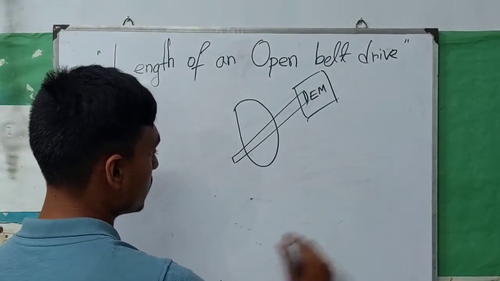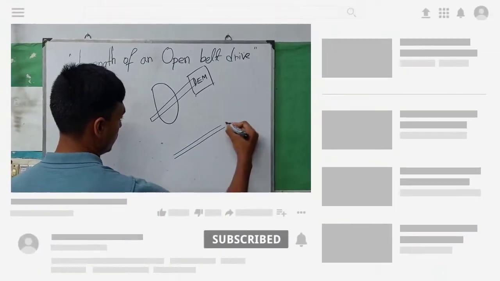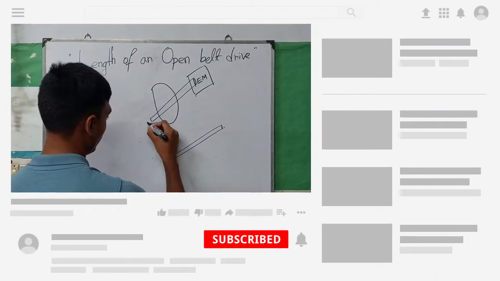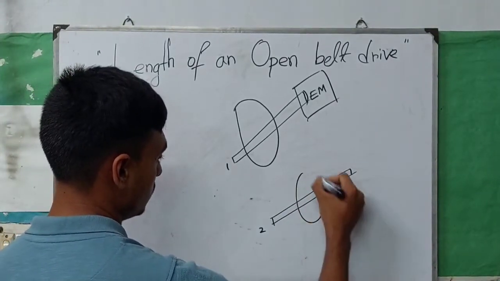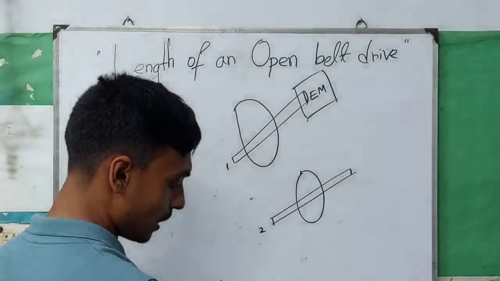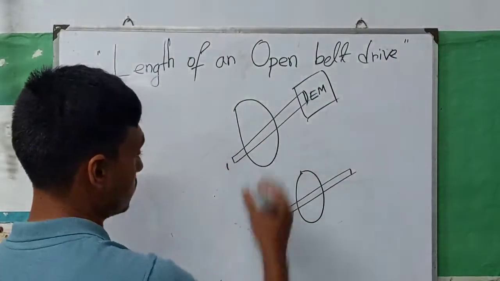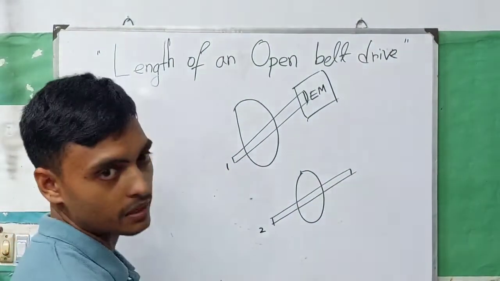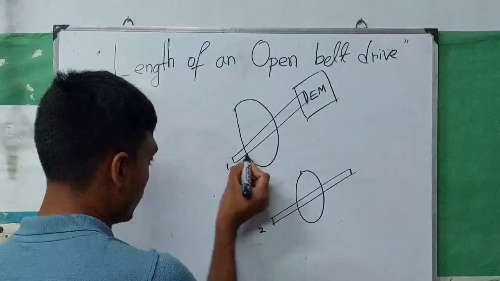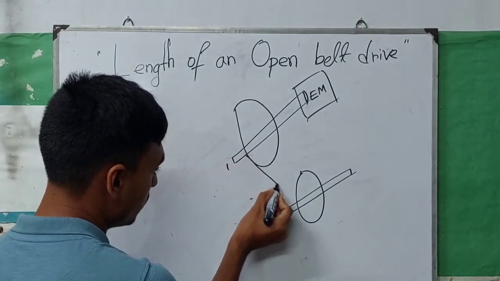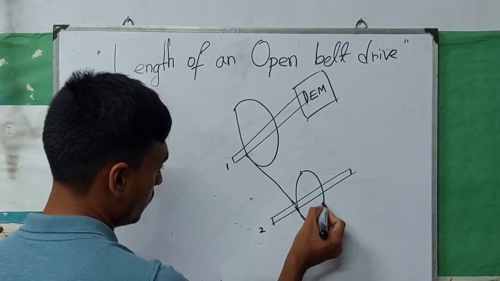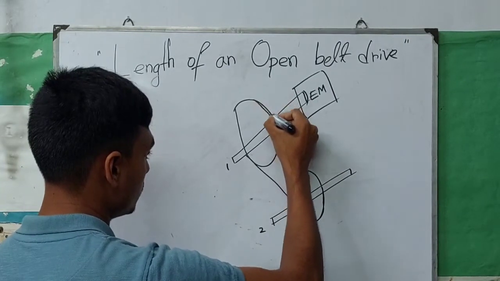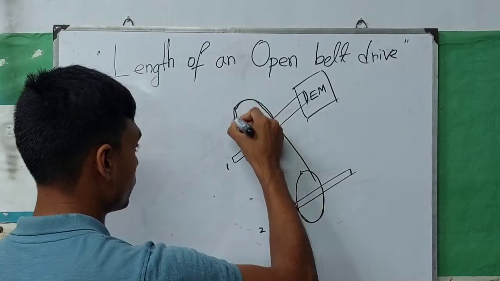We consider another shaft, shaft 2, and here a pulley is attached, and we connect the two pulleys with an open belt drive system, and that is our belt connecting the two pulleys.